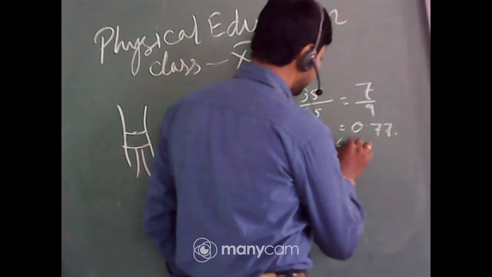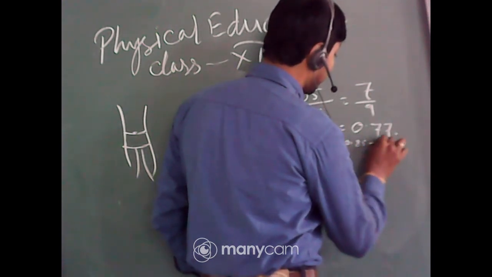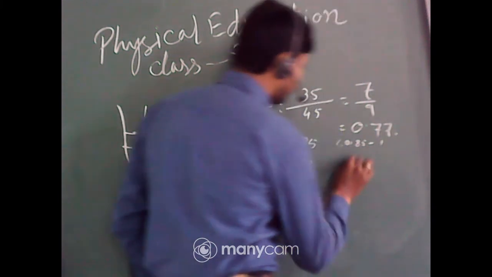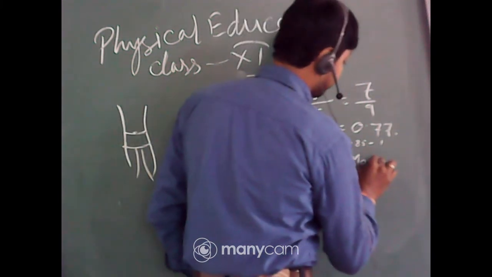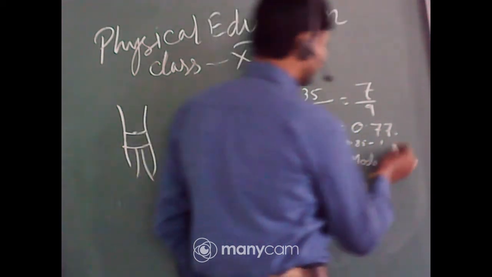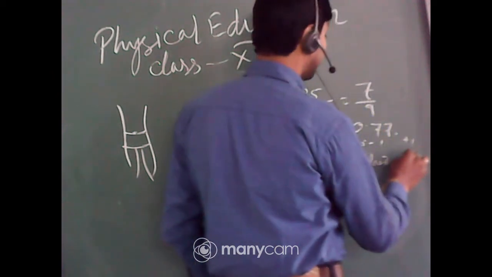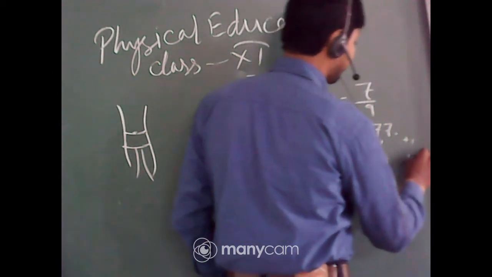If it is 0.85 to 1, it is moderate or average, and if it is 1 or greater than 1, then it will be high.